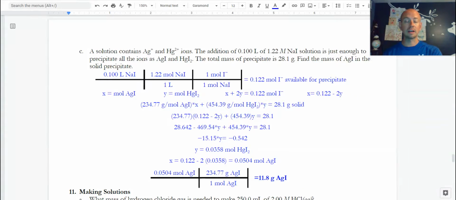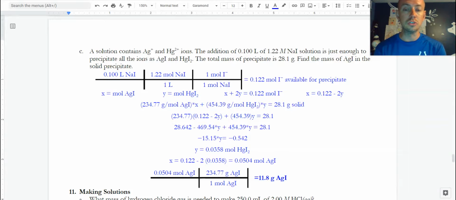What I'm going to do here is set up an equation to show that if I made a certain amount of moles of silver iodide, I would have a different amount of moles of, excuse me, mercury iodide. And when I look at this, the amount of this plus 2 of that is my moles of I. And that's because right there, we need 2 I minuses.